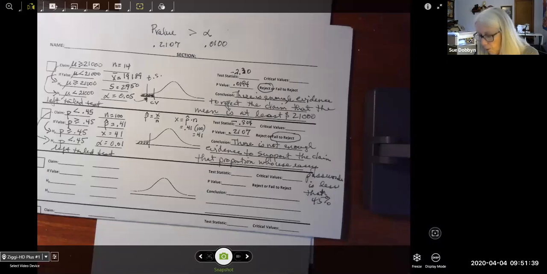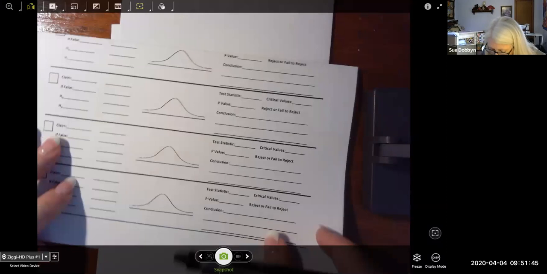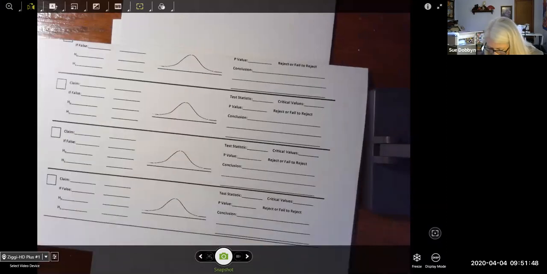Okay, so one more problem. I'm going to do the problem that's on page 390. So it says researchers claim that 51% of adults believe that antibiotics are effective against viruses.